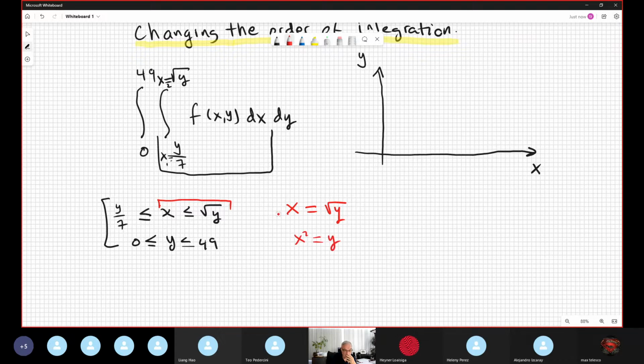Oh, that classical parabola. Okay, now I take the second part, and you get y over 7 equals x. You take it like an equation. This is y equals 7x. Oh, it's a line passing through the origin, and the slope is 7.